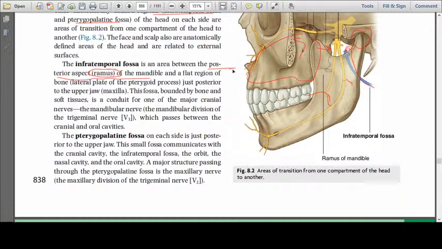Okay. This fossa bounded by the bone and the soft tissues is conduct from one major cranial nerves. This fossa bounded by the bone and soft tissues is a okay, just posted to the upper jaw. This fossa is bounded by the bone. Okay. Just a minute, I'll be playing background music. I'll be some background music actually helps me to concentrate.